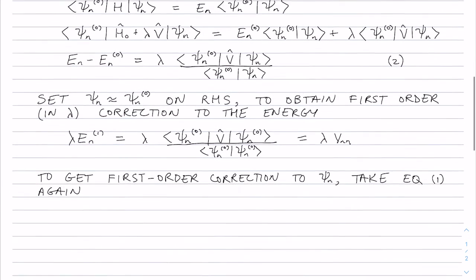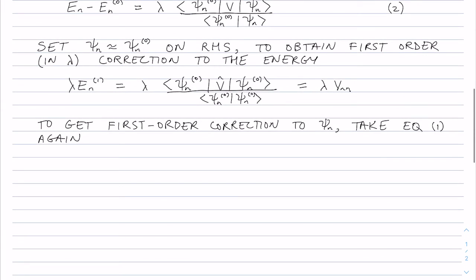So it's the exact Schrödinger equation for the exact solution. But now we want to multiply not by psi_n^0, but by a different one, psi_m^0, where m is not equal to n, and integrate.